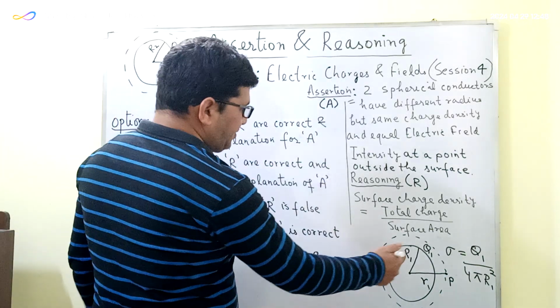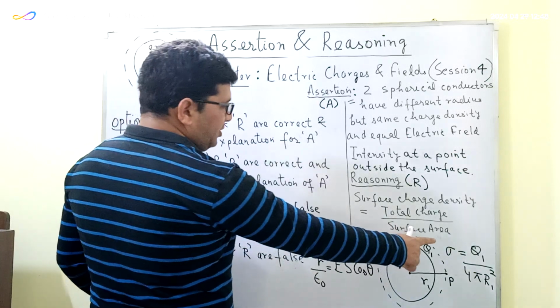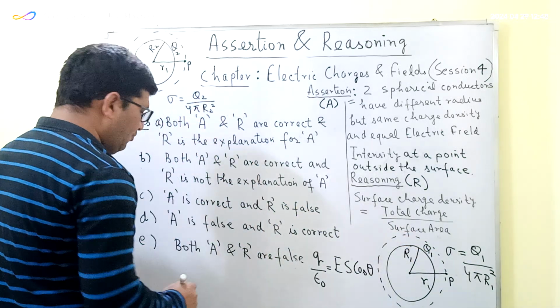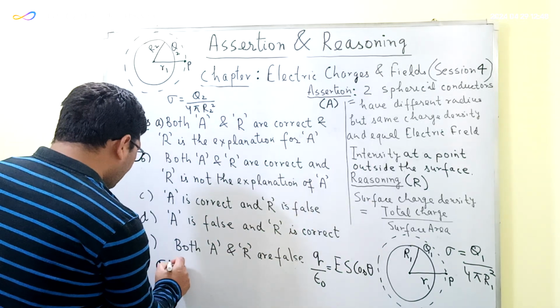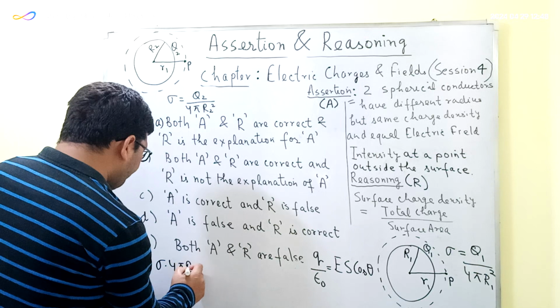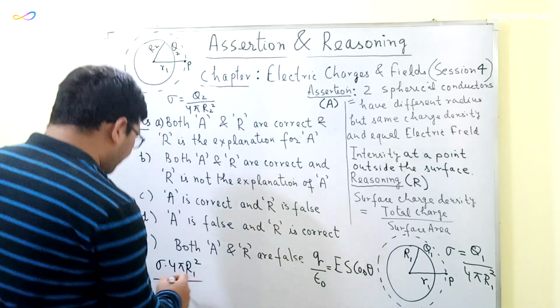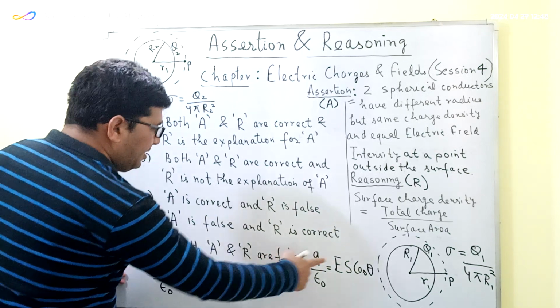Now I will substitute the values of Q1 and Q2 in this equation, and in the first case I will get sigma 4 pi r1 square divided by epsilon naught, equal to E S cos theta.